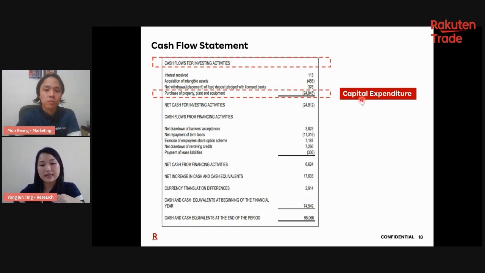Maintenance capex is the capex that you must spend to maintain your operation. For example, your machines are already spoiled, so you must change your machine in order to continue operations. That's to maintain your business operation, so that's what we call maintenance capex. Growth capex is when you're adding more lines so that it can generate more revenue for you.